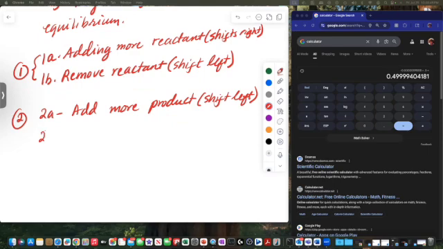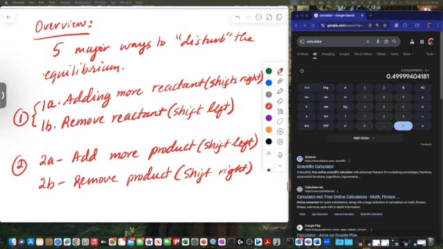But here we're going to have to remove product. When you remove product, the system panics and shifts right, because now the right side has a deficit. You have a product that you have less of, so it tries to shift right to create more of the product.